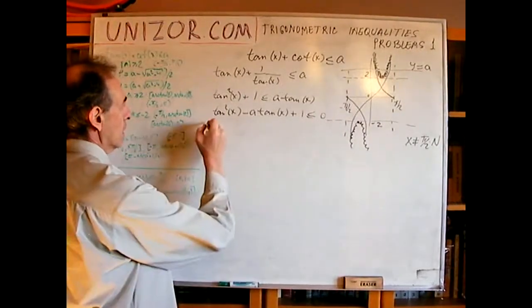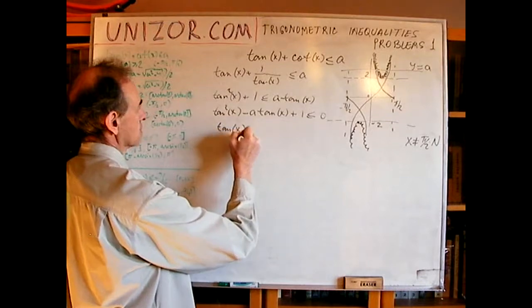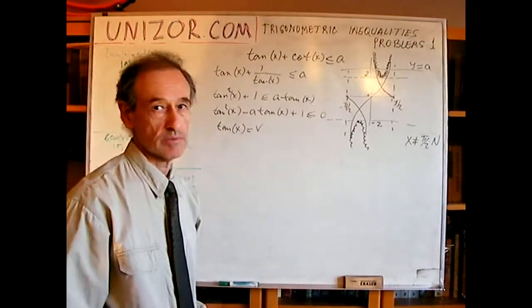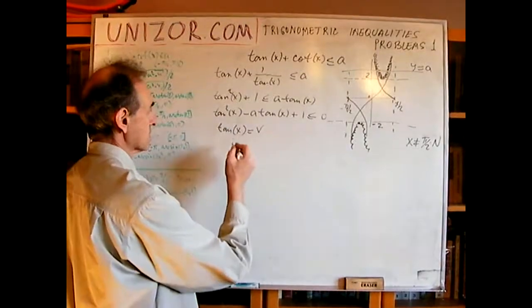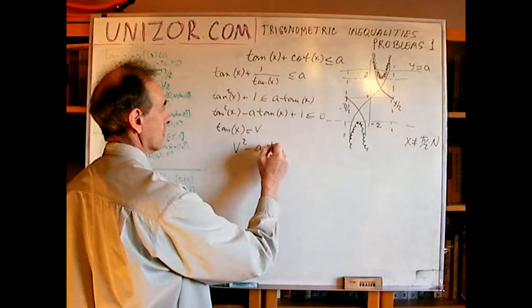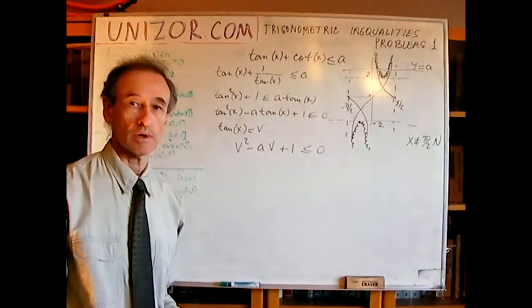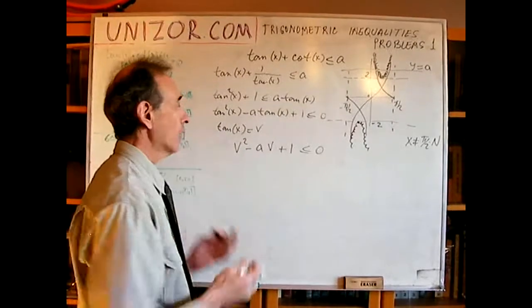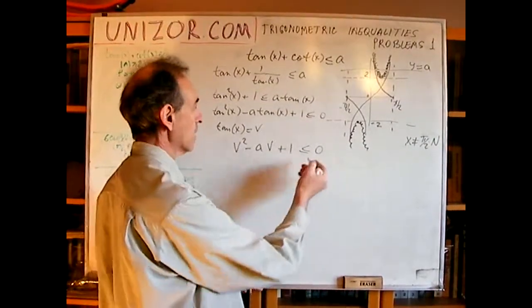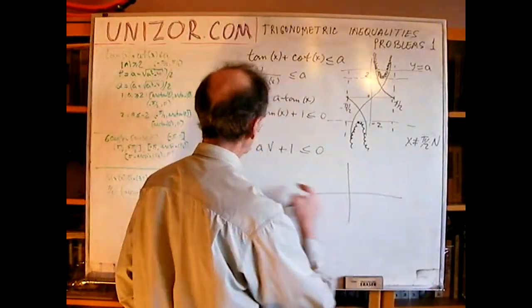Now, let's call tangent of x by some letter v, some variable. Now, in terms of v, this is a quadratic inequality, right? And we know how to solve this quadratic inequality. Because graphically speaking, any quadratic inequality can be represented as a parabola.